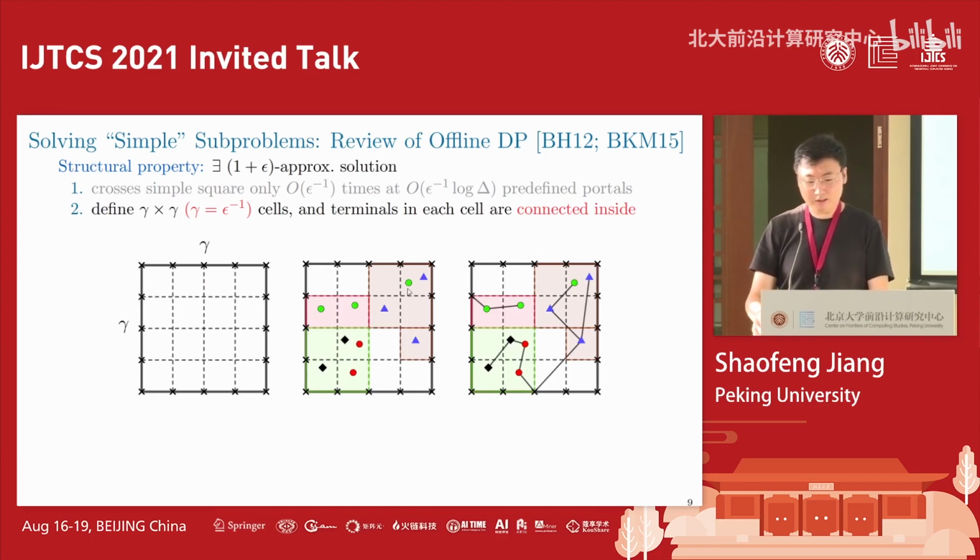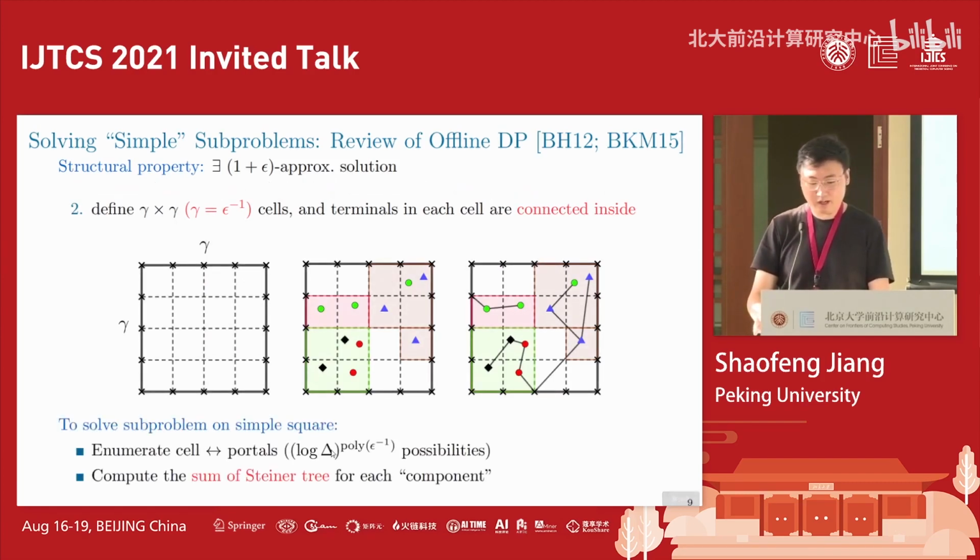So essentially, to solve this basic subproblem, we only need to enumerate the connectivity between the cells and the active portals. Of course, we first need to choose what active portals we want to use, and then we can enumerate the connectivity, so basically which cell connects to which portal. And this enumeration only takes log delta to the poly 1 over epsilon possibilities.